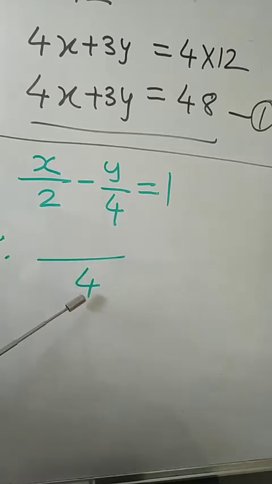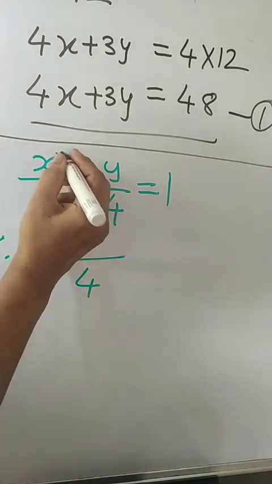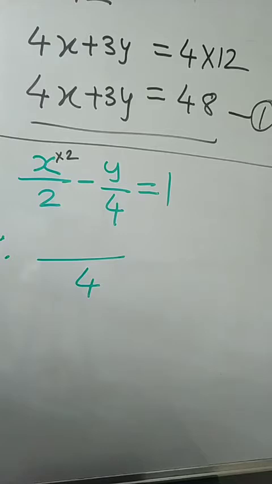Now, what do we have to do? Look at 2, the first denominator. How many times is 4? 2 2s are 4, right? And so, what will we write? For x, multiplied by 2. Again, this is an optional step. You need not write 2 over here.